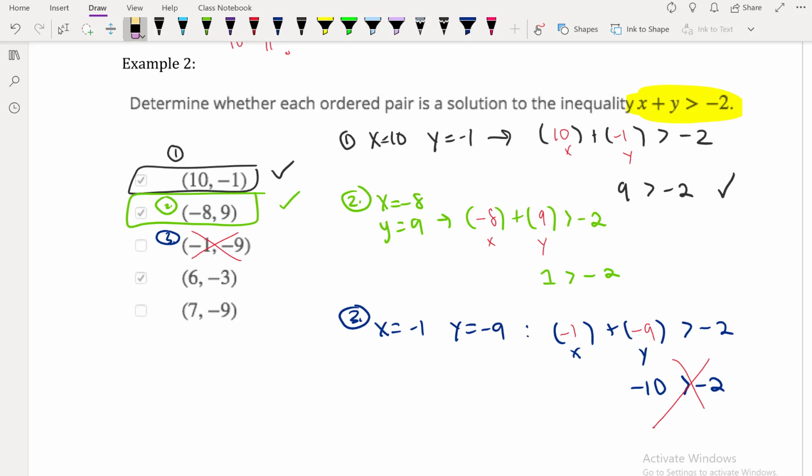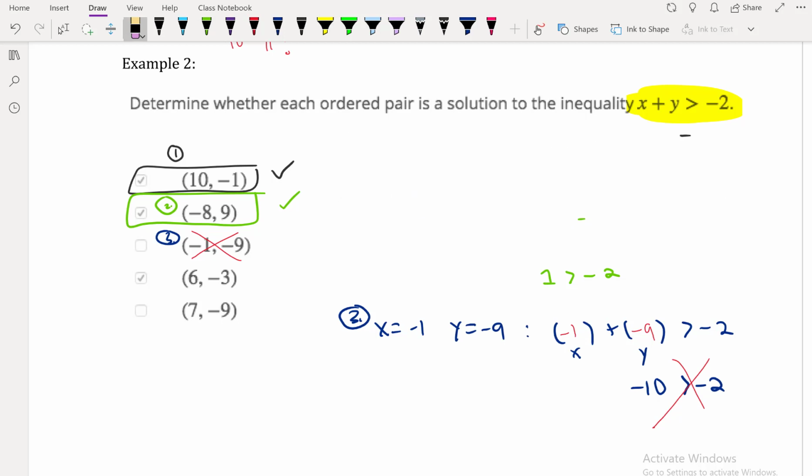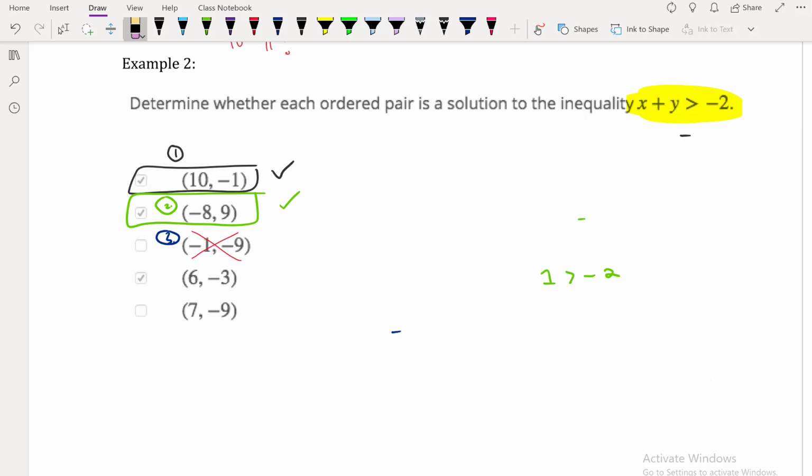And now to give me more space, I'm going to do the exact same thing for number 4 and number 5 here. So for number 4, I have x is equal to 6 and y is equal to a negative 3.